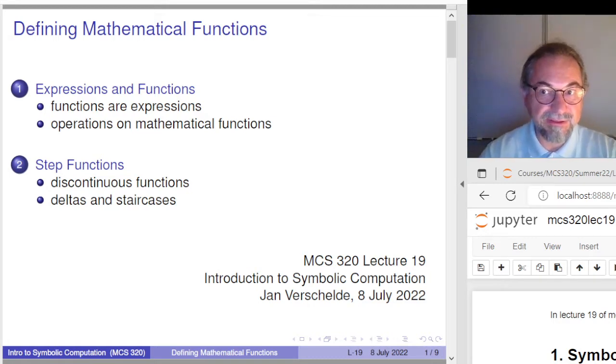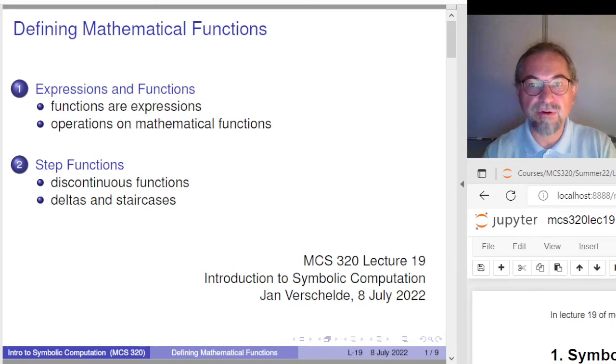That's the main point of the first part of the slide presentation. In the second part, I will address some special functions. When we think of functions, we might think of continuous ones, but there are many functions which are discontinuous, and we can model them with step functions.